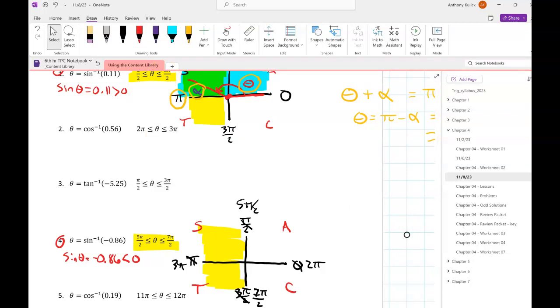I don't want that quadrant. S stands for sine is positive. I don't want that quadrant. It must be quadrants 3 and 4 that I want. So far, so good.